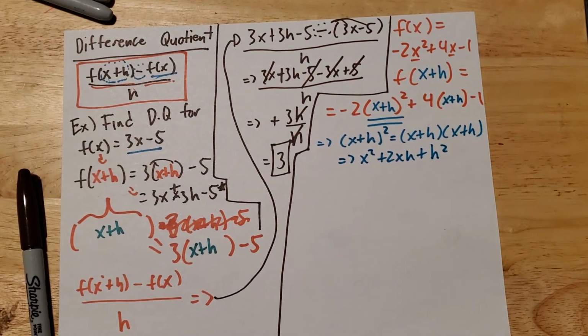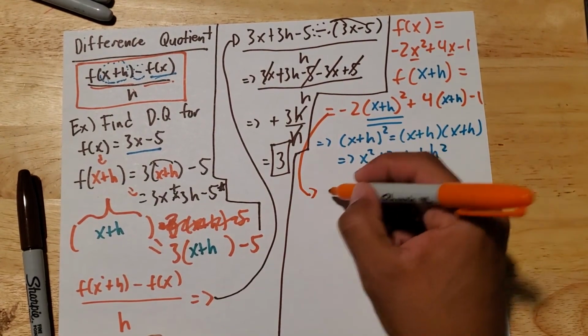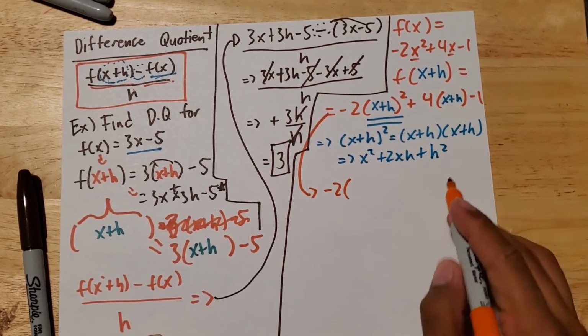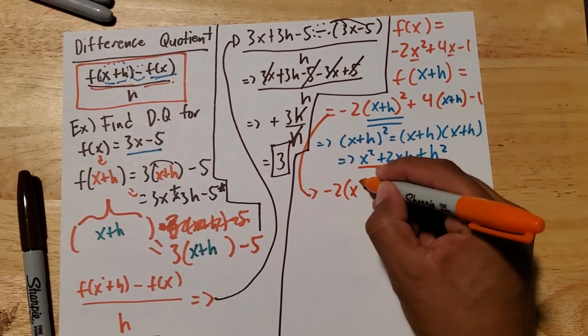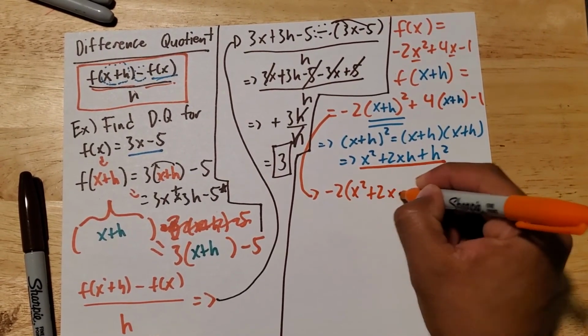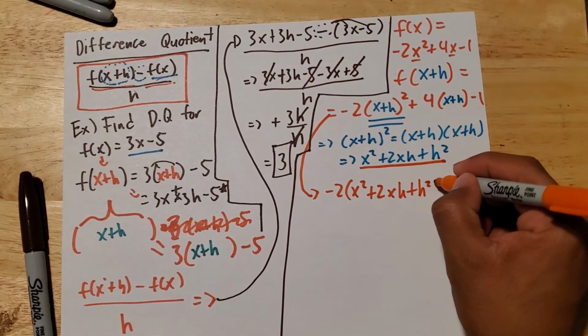So when I plug that back in, it's going to be negative 2 times this entire thing here, x squared plus 2xh plus h squared.